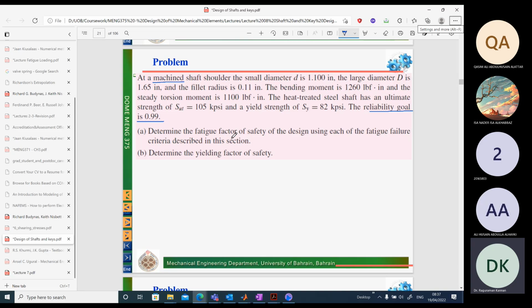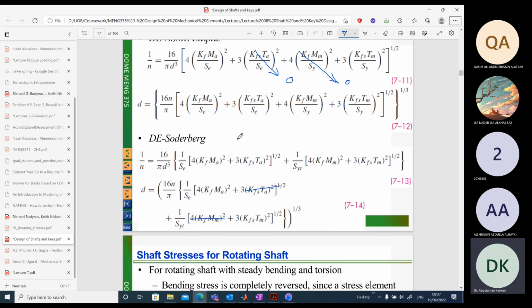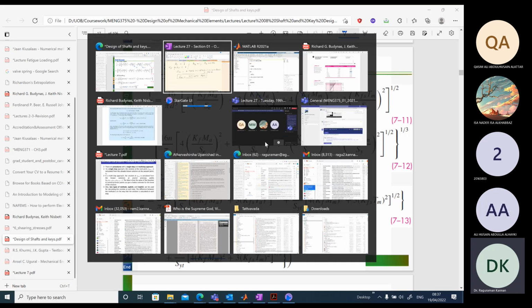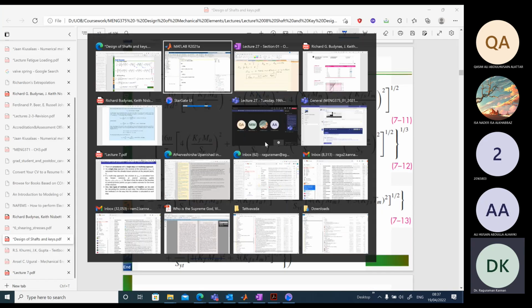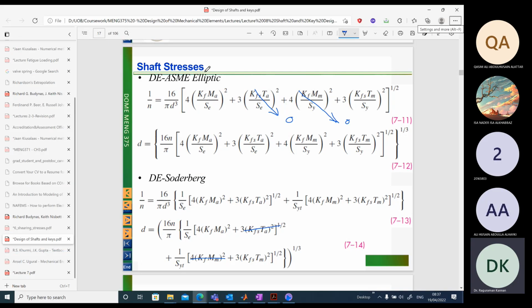We can go ahead and try some of the formulas, what we have already, ready-made formulas. If you look at here, let's try the ASME elliptic formula. So according to the ASME elliptic formula, you can try your n, 1 over n should be equal to 16 over pi d cube.